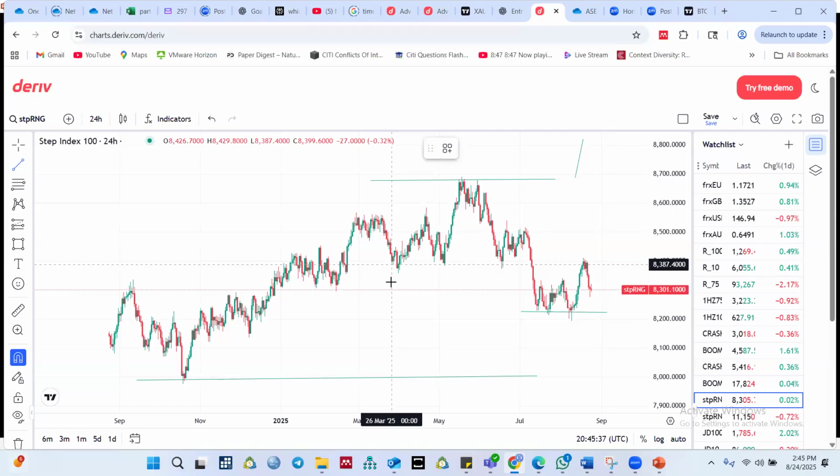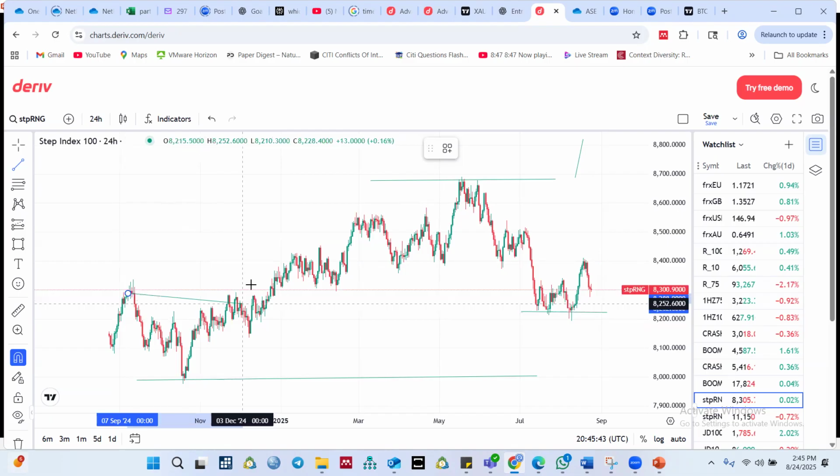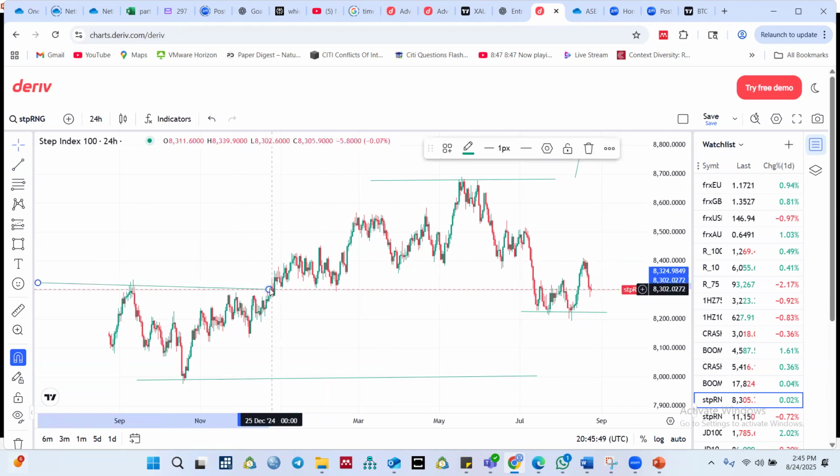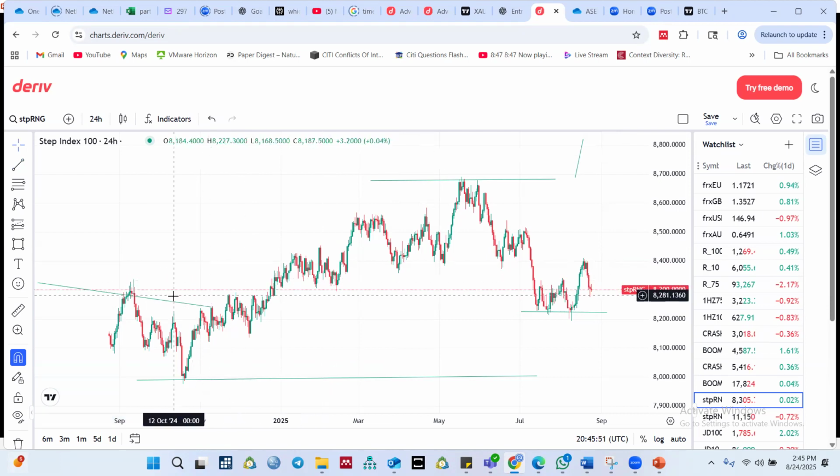Okay. I think I'm having network project. So from here, we have this high here. We have this area. Let me use the rectangle. We have this area here, and then we have this area here.